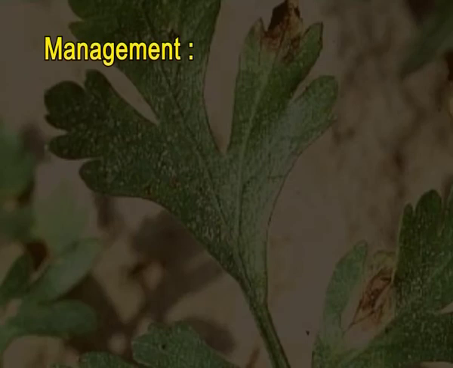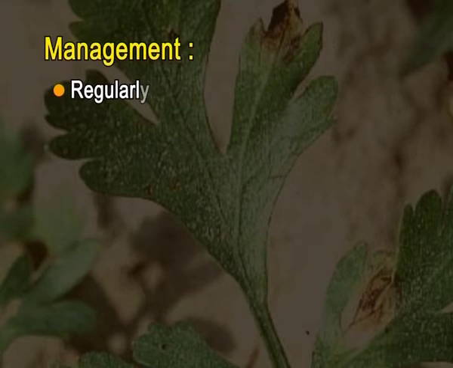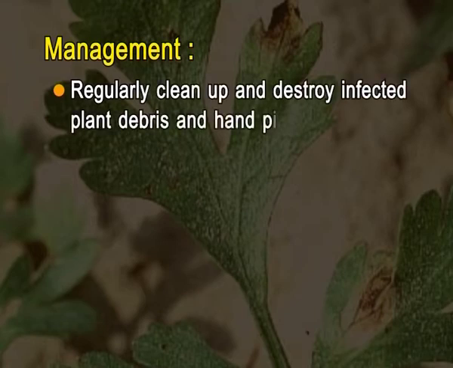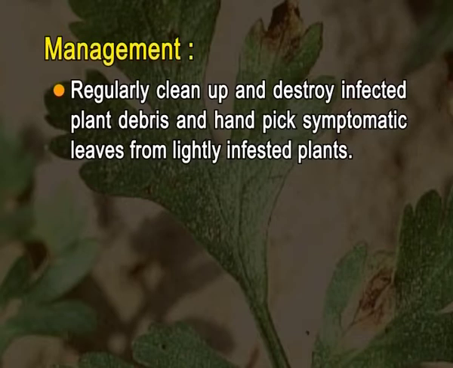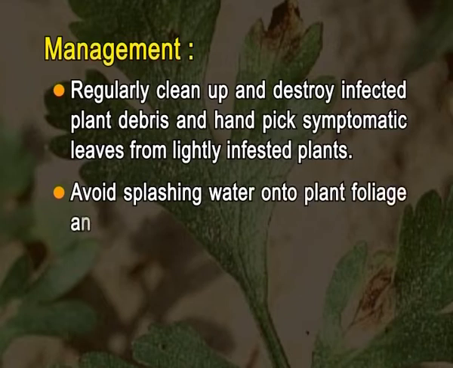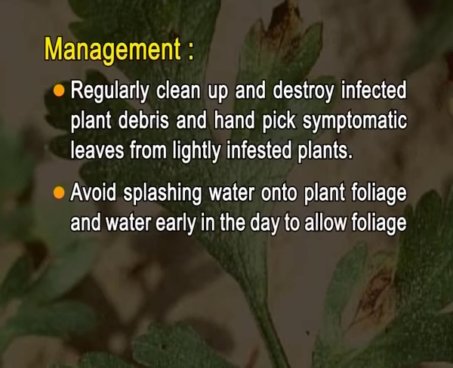Now let's see how to manage this disease. Regularly clean up and destroy infected plant debris and hand pick symptomatic leaves from lightly infested plants. Avoid splashing water onto plant foliage and water early in the day to allow foliage to dry quickly.